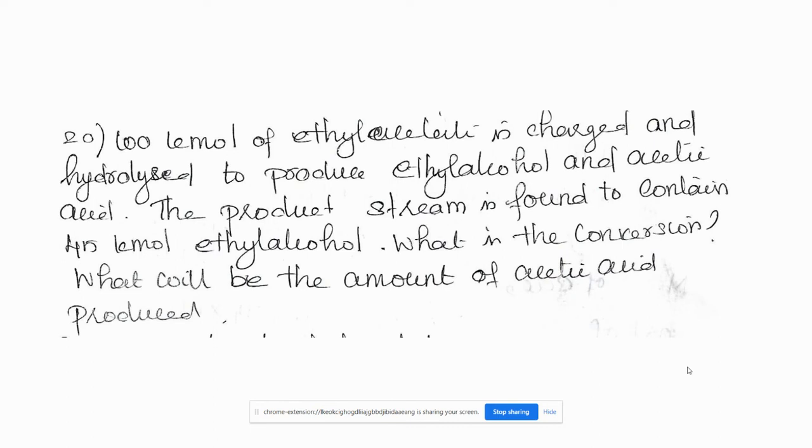This is a hydrolysis reaction, not neutralization or nitration. So this will give you ethyl alcohol and acetic acid as the products. Now we have to find the conversion as well as the amount of acetic acid. So first let us write the basis.